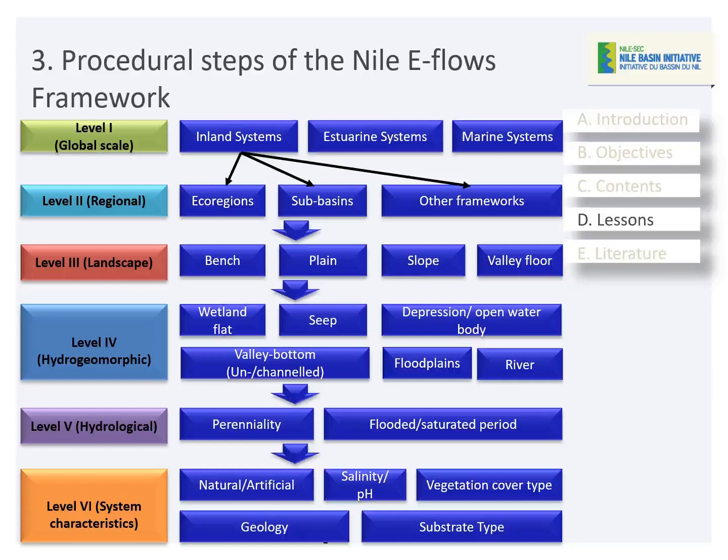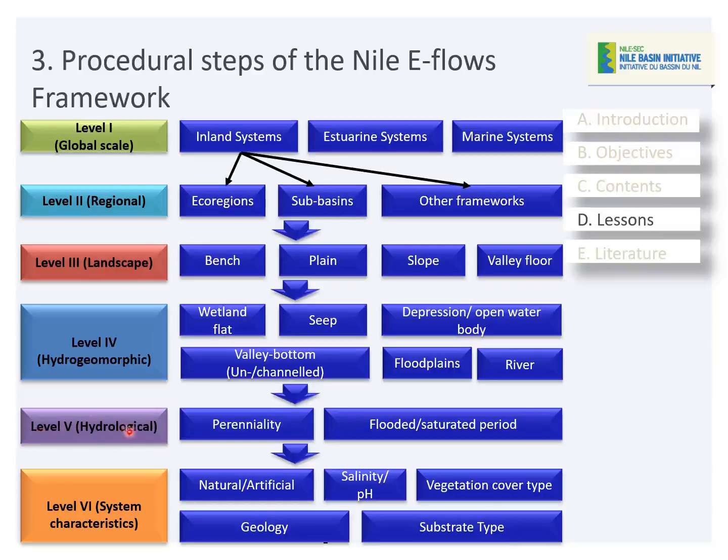Level 3 land evaluations would consider the landscapes, where you'd have benches, plains, slopes, valley floors, and within the landscape, where is this ecosystem? Then we'd consider hydrogeomorphic characteristics: wetland flat, seep, depression or open water body. Is it a valley bottom channeled or unchanneled type of ecosystem? Is it a floodplain or a river? What are the characteristics of that ecosystem?